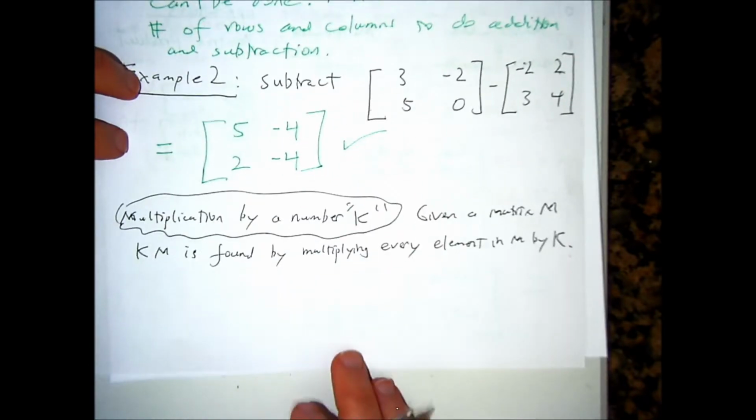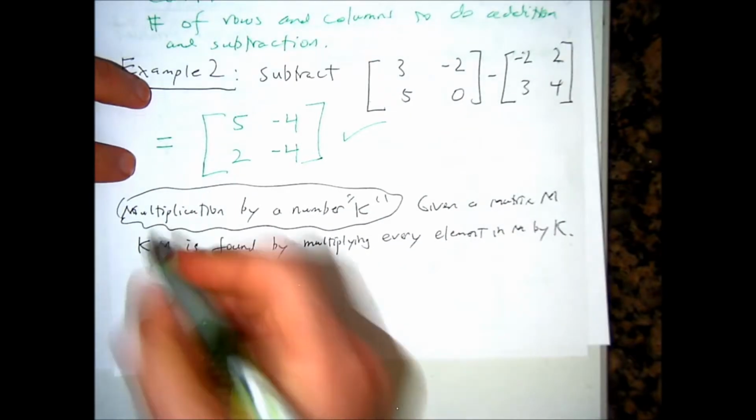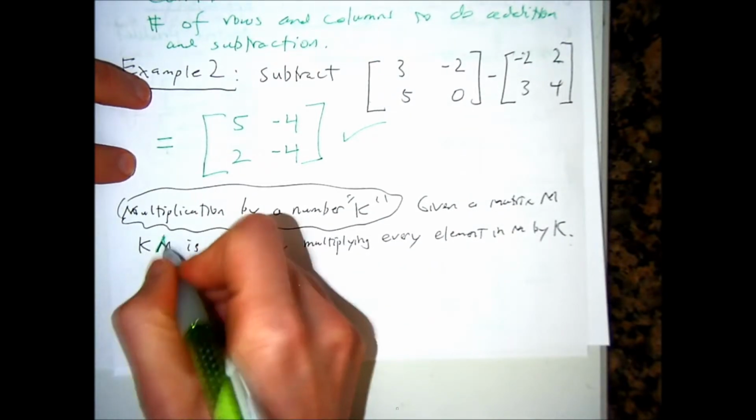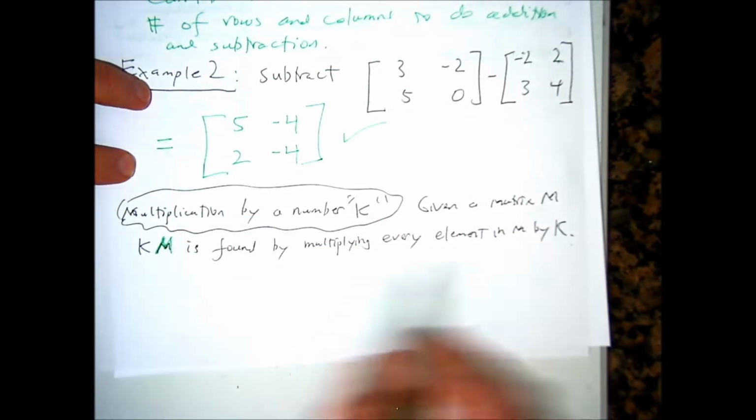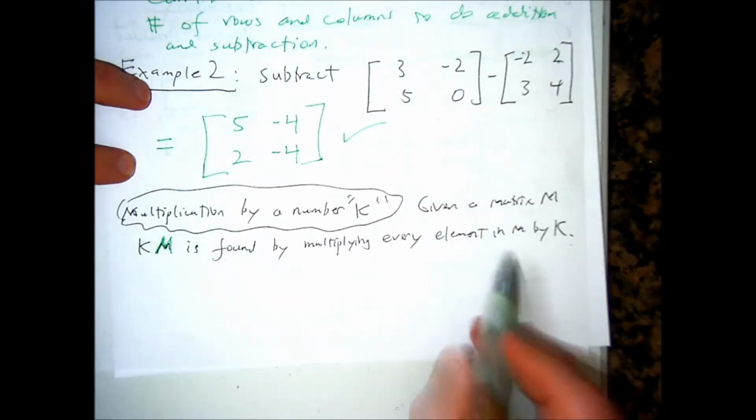Multiplication by a number k. Given a matrix M, kM, meaning k times M, is found by multiplying every element in the matrix M by k.